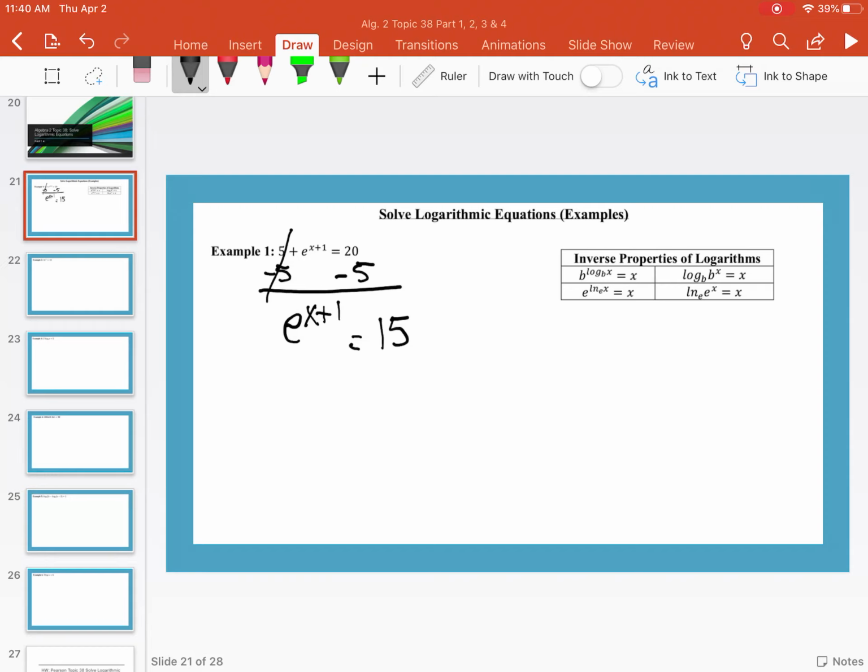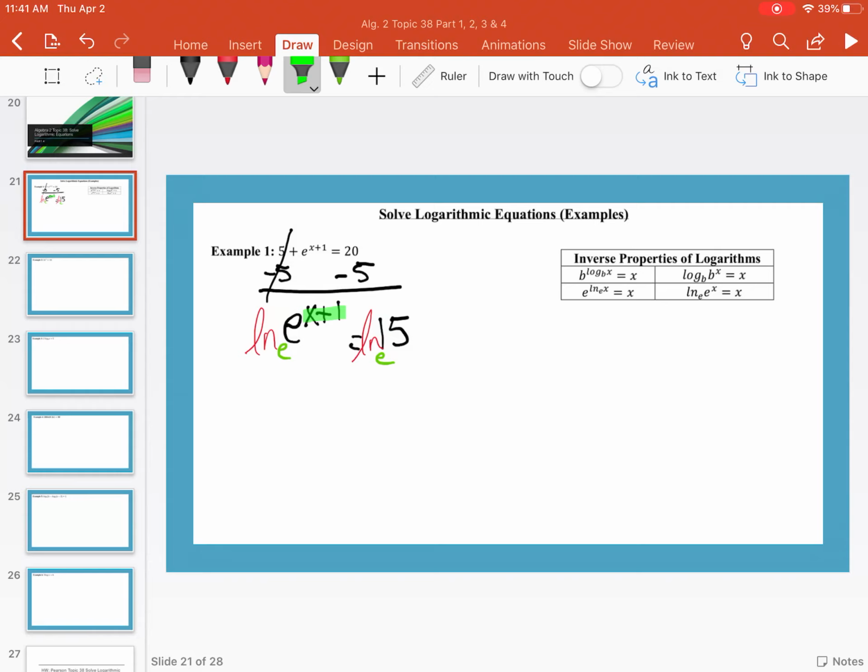So in order to cancel this out, because what we really want to focus on is our exponent of x plus 1, so we can isolate x, what we want to do here is take the ln of both sides. Because ln has a base of e, which we often don't write, but it's there.